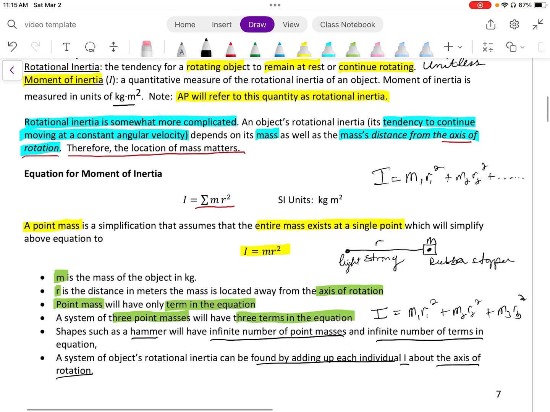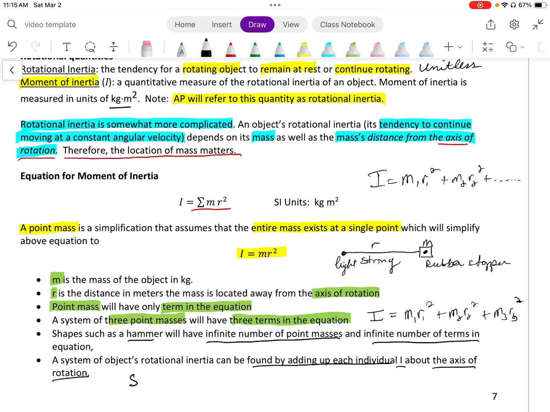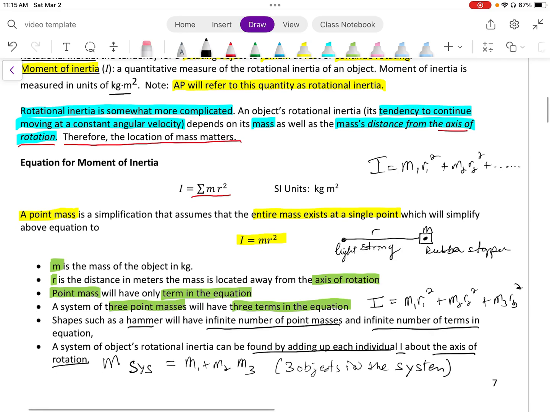Just like the mass of a system will equal mass 1 plus mass 2 plus mass 3, if I have 3 objects in the system. So I values, we can add them, just like I can add mass, okay?